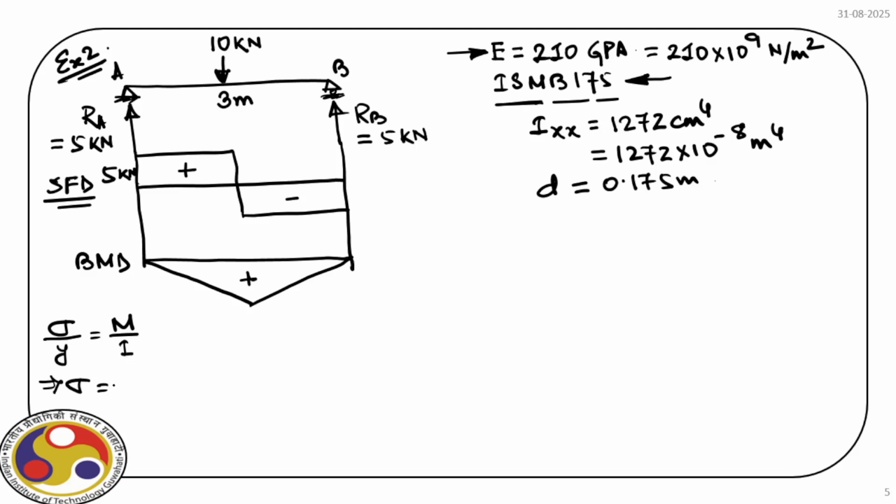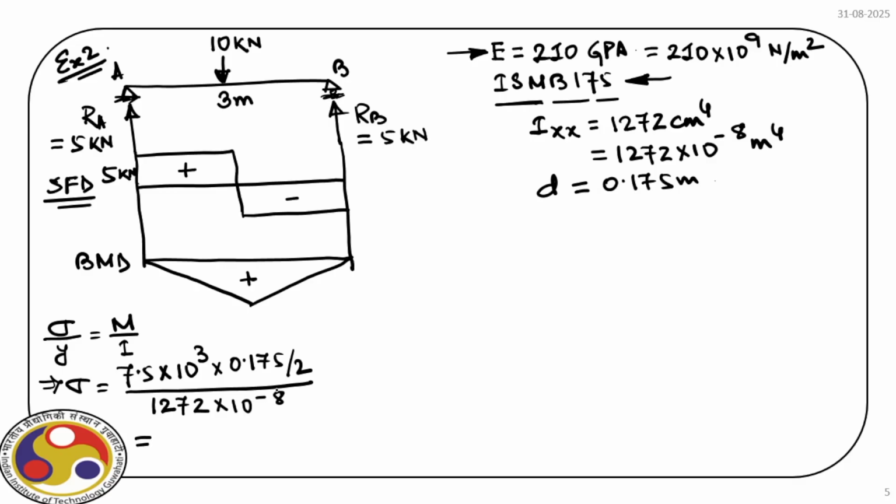M in our case is 7.5 kilonewton meter. So, we have to convert it into Newton meter, that means times 10 to the power 3, times y, which is 0.175 by 2, divided by I, which is 1272 into 10 to the power minus 8.